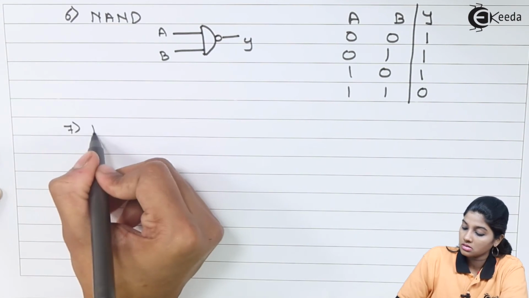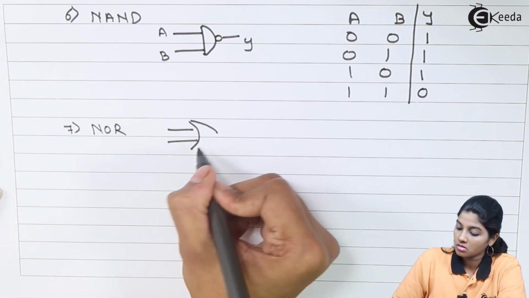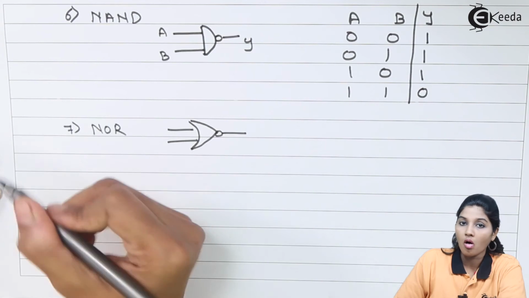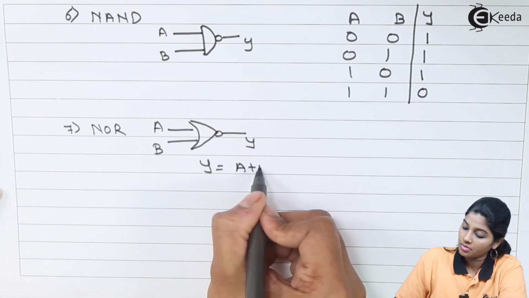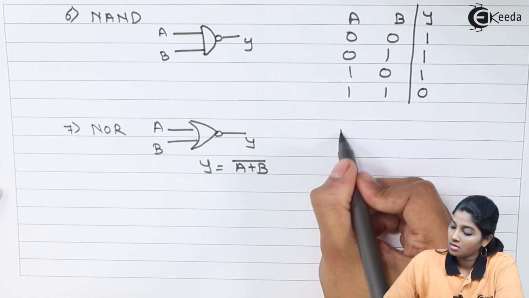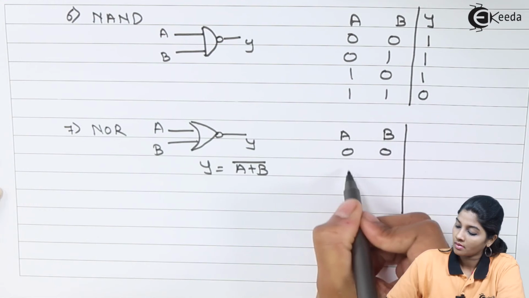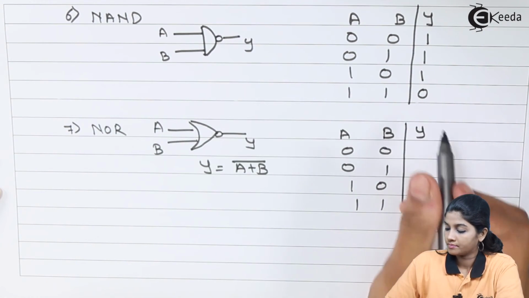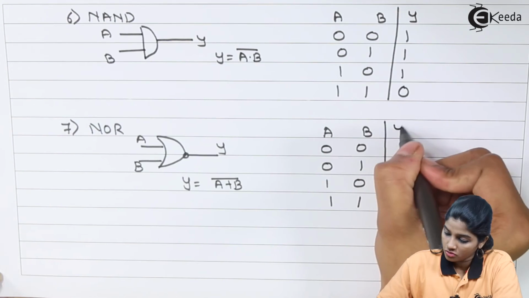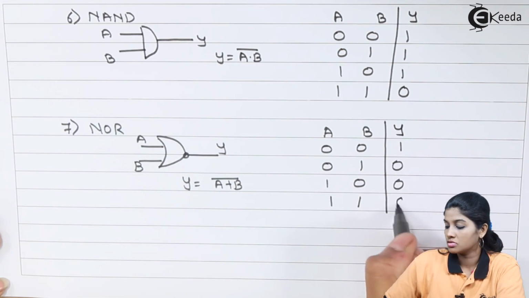And the last is the NOR gate, which is a complementary version of the OR gate. So Y equals A plus B the whole bar. So the truth table becomes, the output Y equals 1, 0, 0, 0.